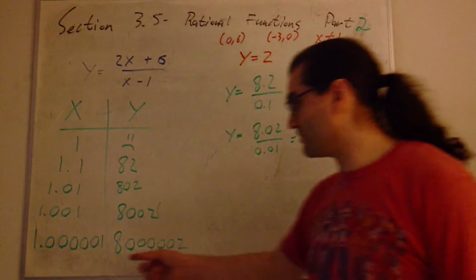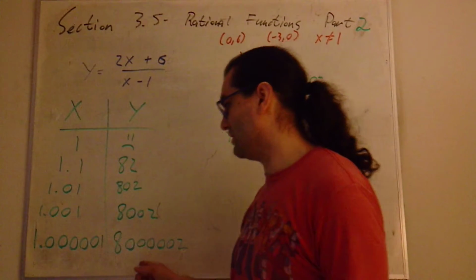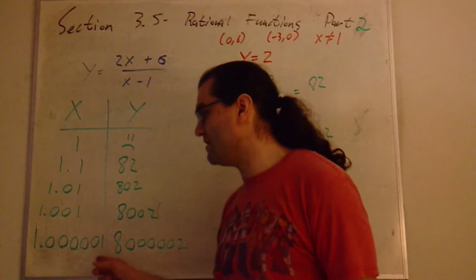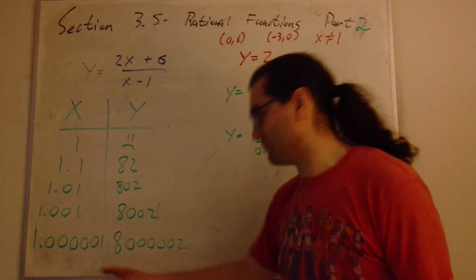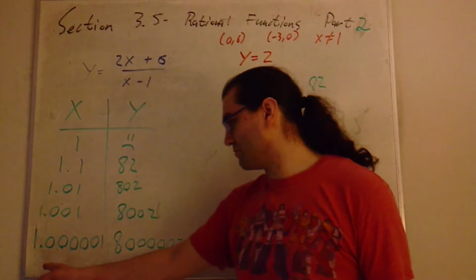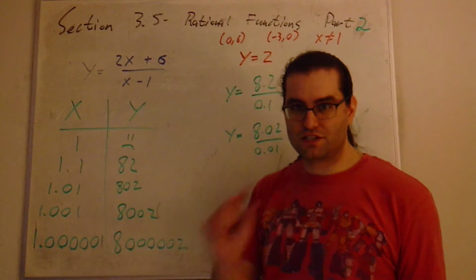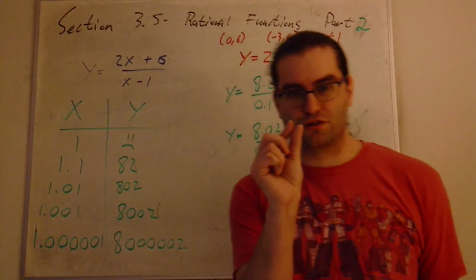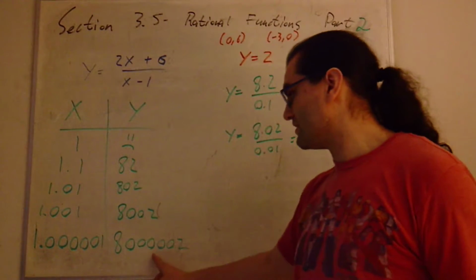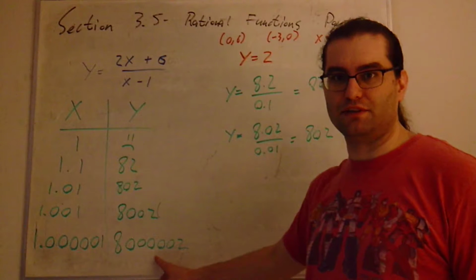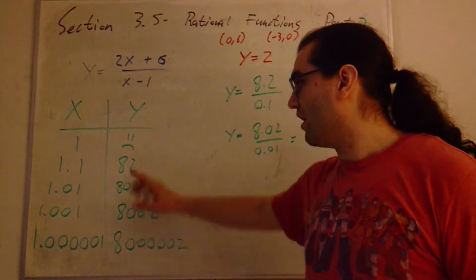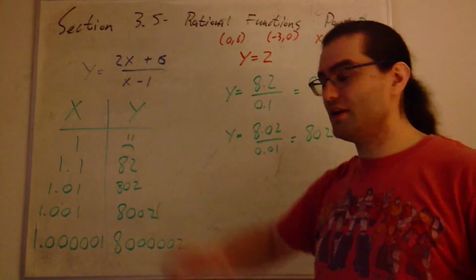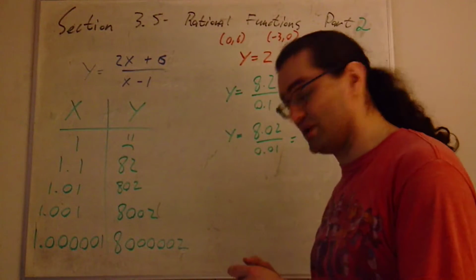So you plug in a number that's really close to 1, you get 8 million. You plug in a number that's even closer to 1, you get 80 million. If I did one with 6 zeros, which is just a tiny, tiny bit closer to 1, this thing goes from 8 million to 80 million. These numbers are exploding. They're getting out of control big in an unreasonable hurry.